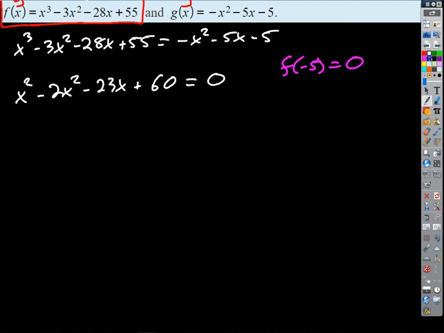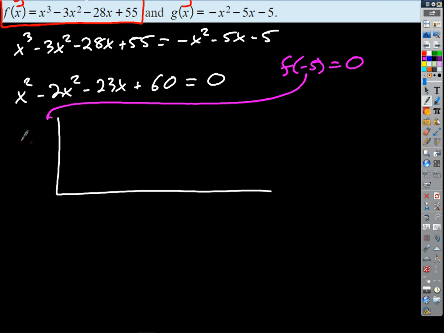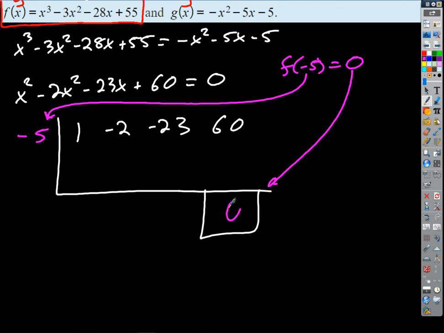What's that look like? What goes out front? -5, because the zero is -5. So there's my -5 and my synthetic bracket. Anything else I can do before I even start? I'm getting 0 there, right?